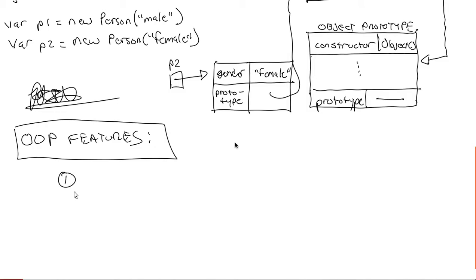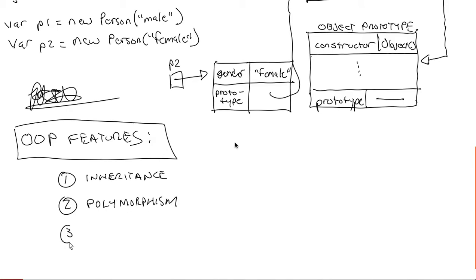Well, number one, you have inheritance. Number two, you have polymorphism.